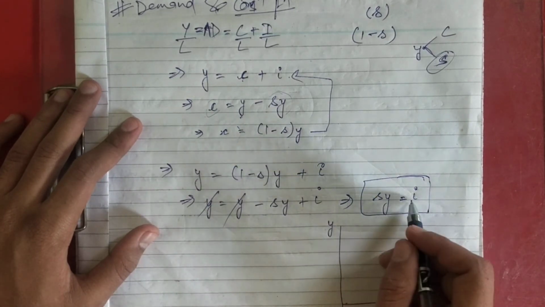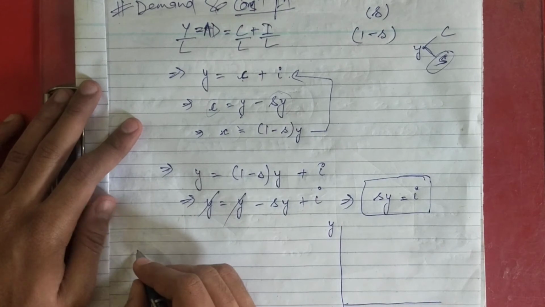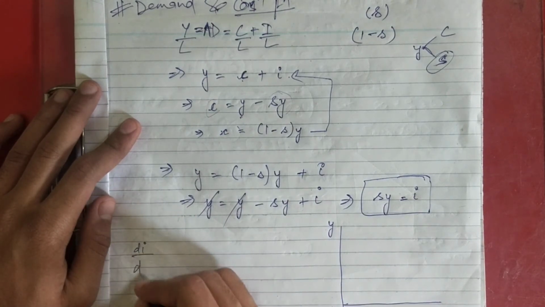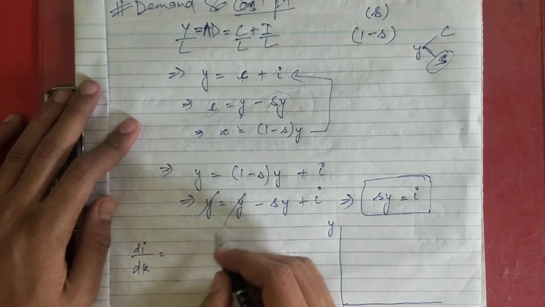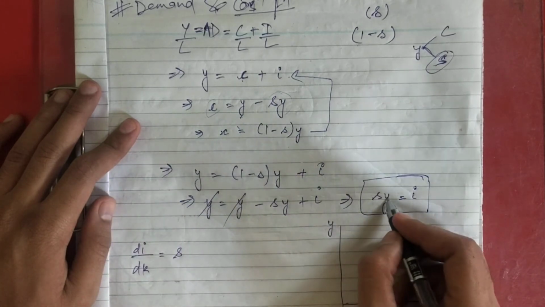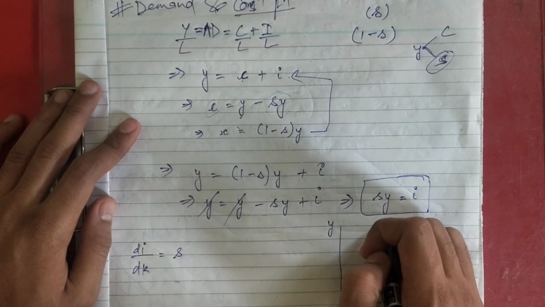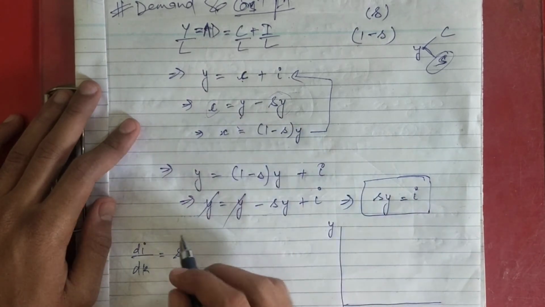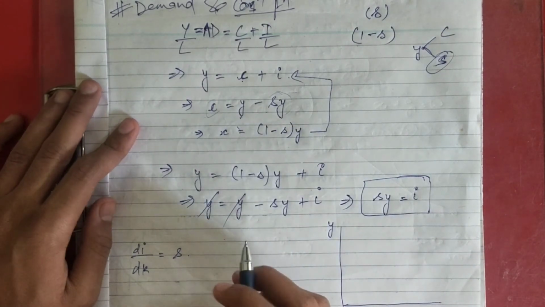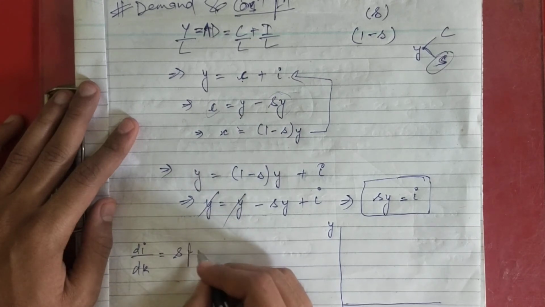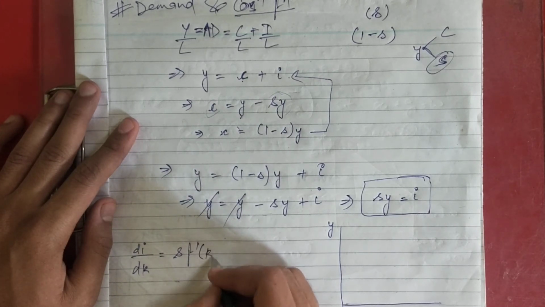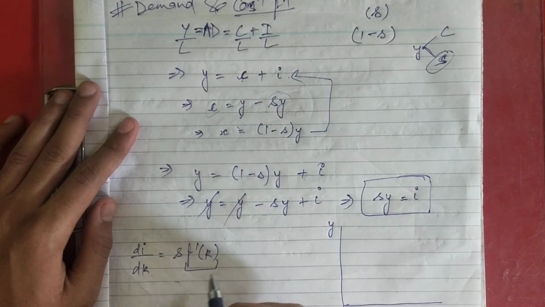If you differentiate with respect to k, you get dI by dk, which is s times dy by dk. We have already seen that this is the slope of our production function, so we can directly write it as f dash k.